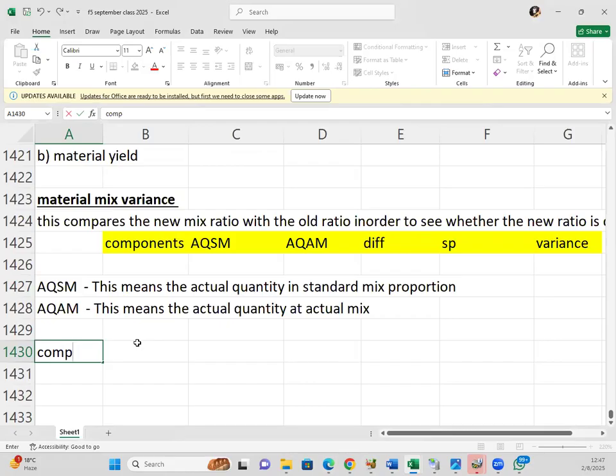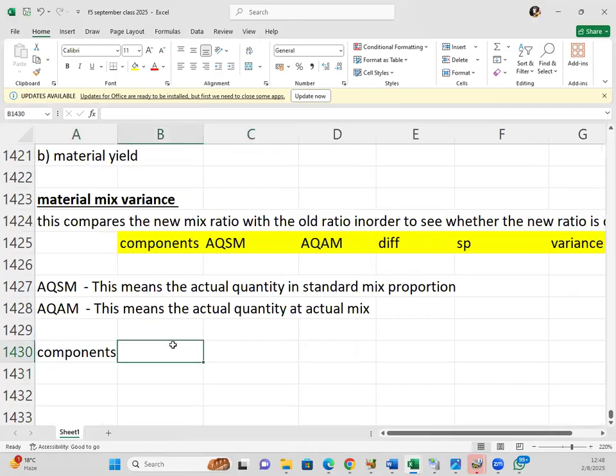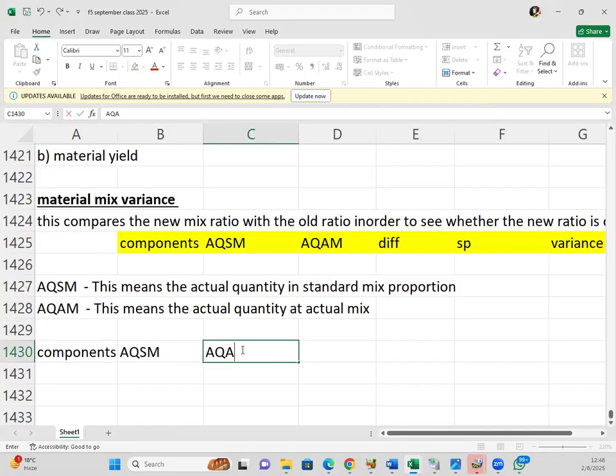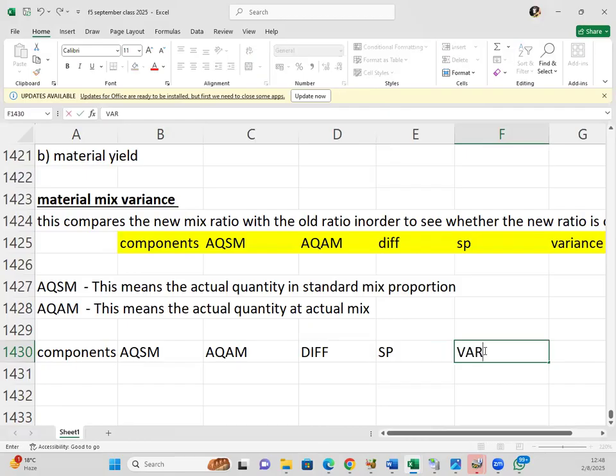So we need the components: actual quantities standard mix, actual quantity actual mix, difference, standard price, variance.